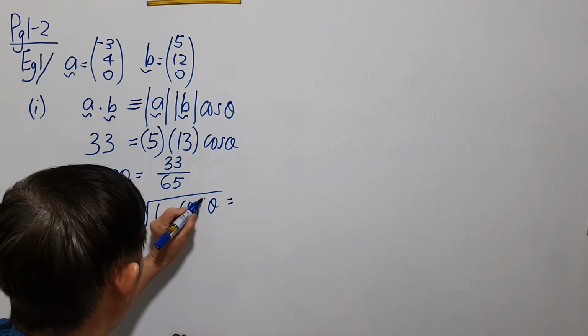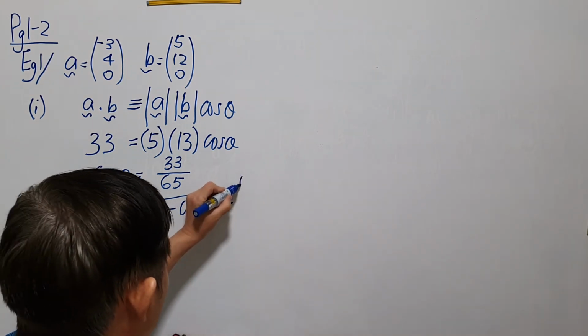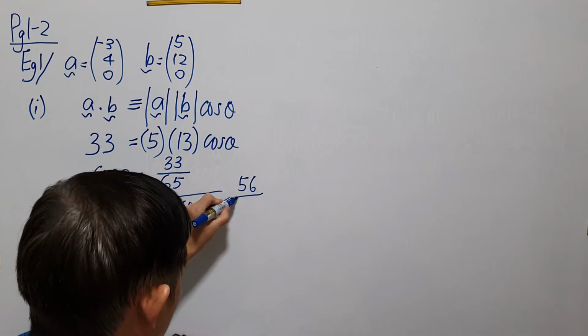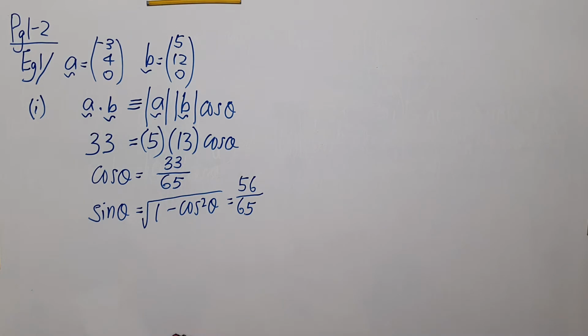So you just have to perform this arithmetic: 1 minus the square of this number, tidy up, and then you square root that, you will get 56 over 65.